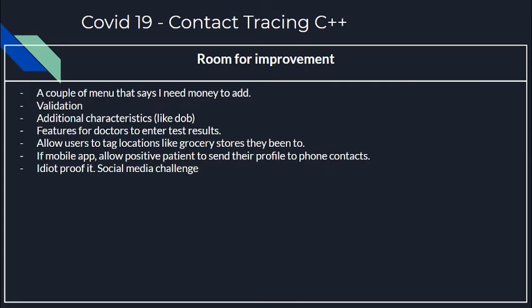If a person tests positive, they can then have a feature where they pull up their contact list and send a code to say, here's a code, view my profile, this is the location that I've been to. So if we came in contact within the last couple of weeks, you might want to self-quarantine, or at least get a test, or whatever the process is that you need to do after that.